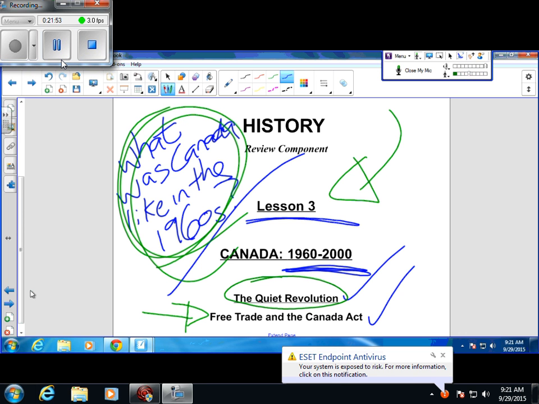So this was the 60s. It was a period of rejection of traditional values and the establishment. People wanted to challenge authority, people wanted to challenge social inequality, and people wanted political change because that was what they really desired.